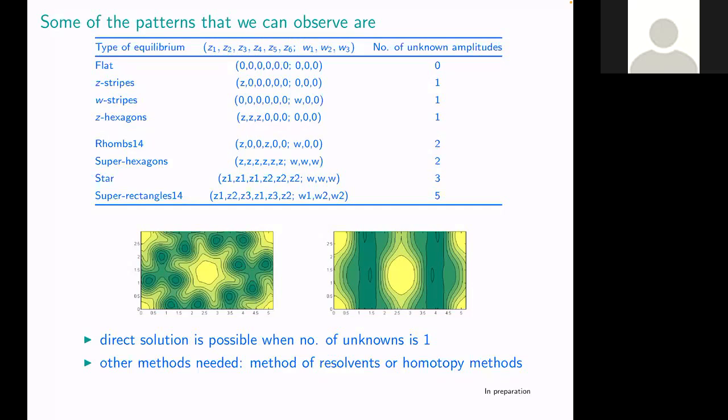What you're seeing here are contour levels in U, but if you look at the amplitudes of the patterns in Fourier space, we see that they have different symmetries, but the number of unknowns is not one. In the case of the star, there are 3 clearly defined unknowns because the 6 Zs have been split into 2 groups of 3, and there is 1 unknown in W. Similarly, in super rectangles, we have 5 unknowns, and the symmetry there is much more reduced. So in these cases, direct solution is not possible, and we need other methods.